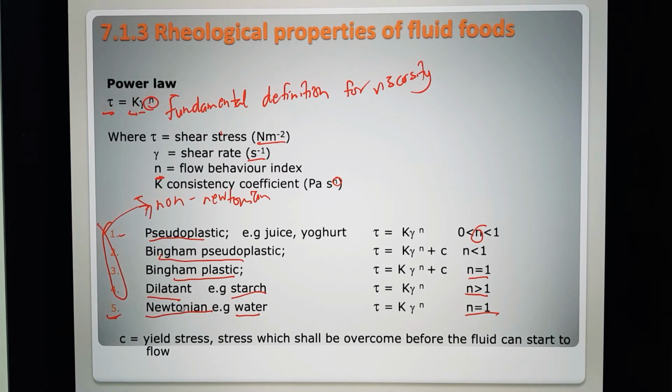Newtonian fluid means that regardless of how much force you give to the water, it doesn't matter whether you stir the water at slow speed or high speed, or for a short time or a longer time, it will not change in terms of the viscosity. That is what is meant by Newtonian fluid.